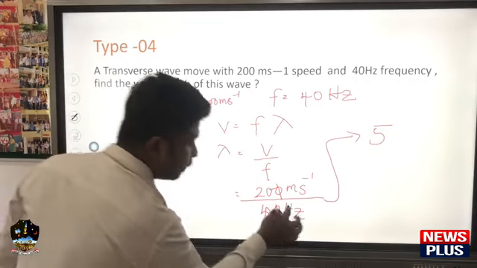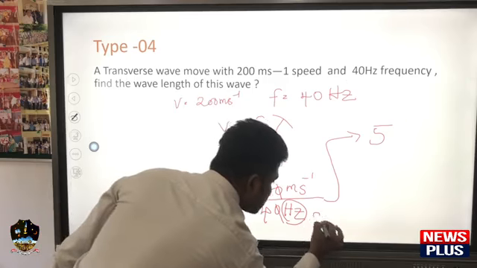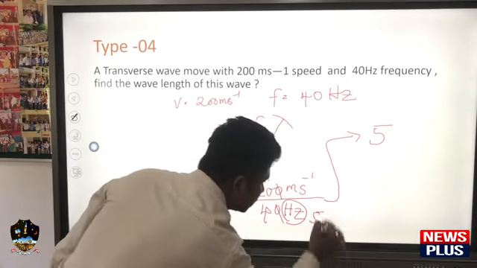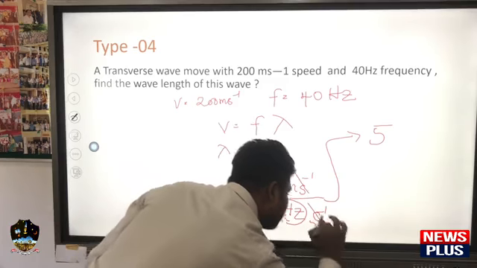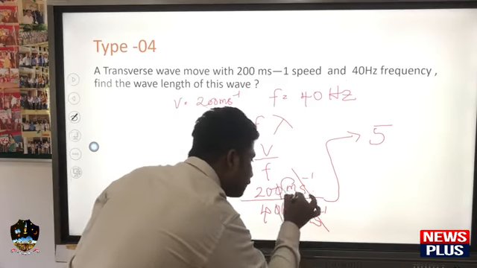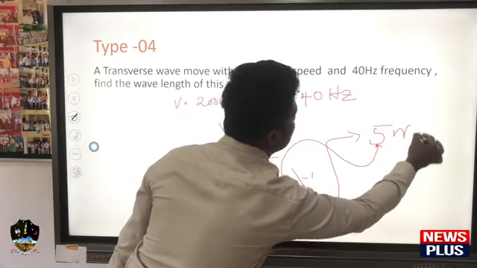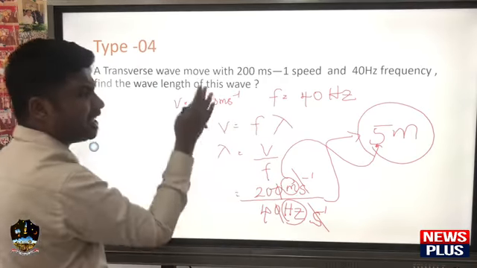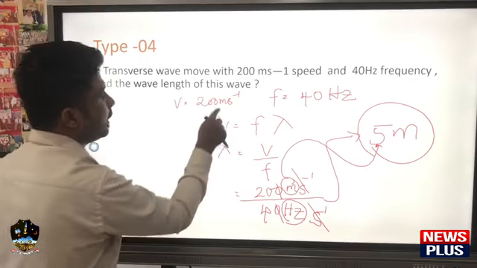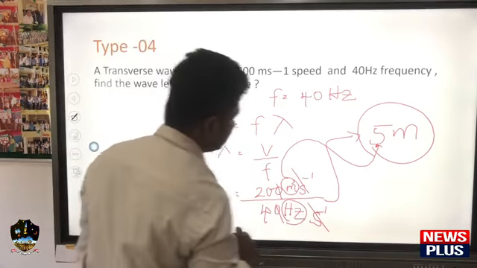And this hertz unit is second minus 1, so you can cut second minus 1 and second minus 1. The final answer would be 5 meter. So this equation is very easy, but you have to consider these units. That's very important.